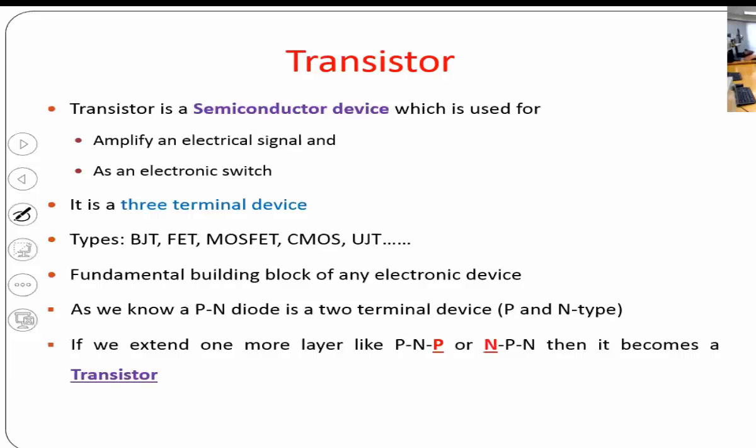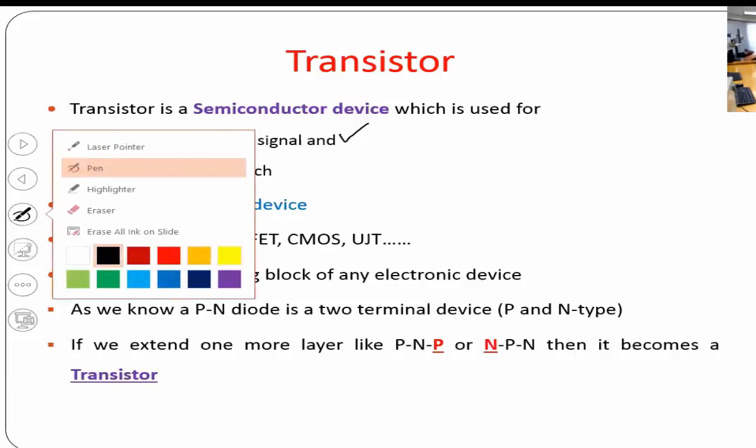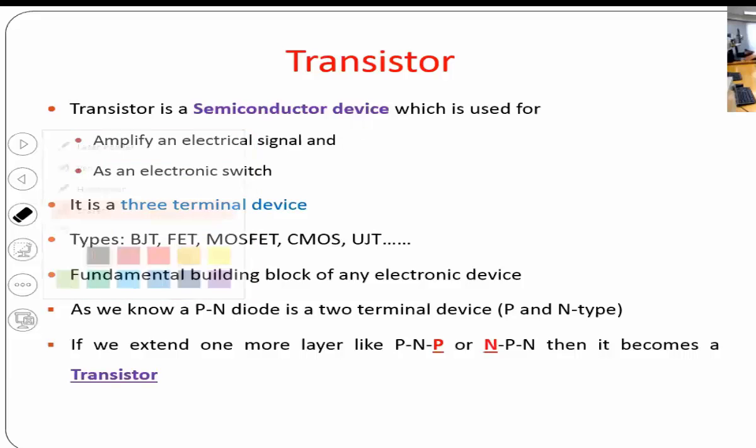There are only two applications that you can use this transistor for. A transistor can do two things. You can use it as an amplifier, so it can amplify an electrical signal. So what can it amplify? It can amplify the voltage.